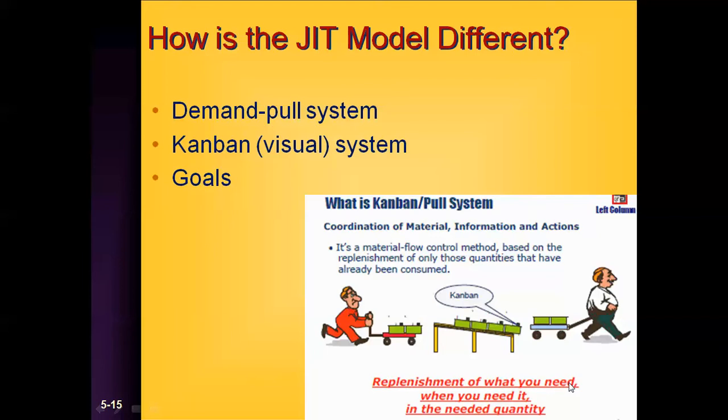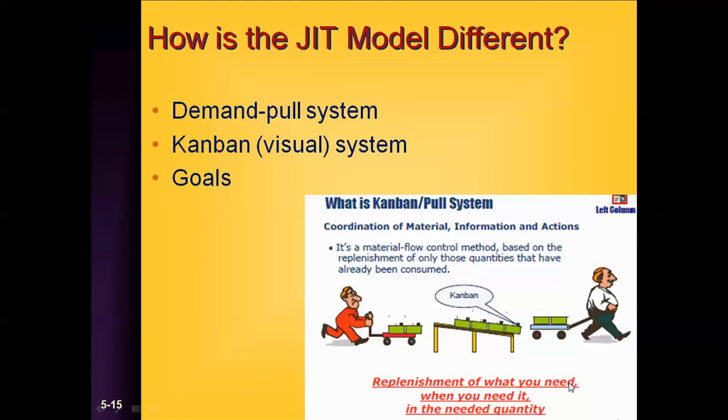By demand pull, meaning that the customer demand is actually pulling the inventory into the production cycle, meaning that if there is a high demand, the inventory replenishment will happen relatively quickly.